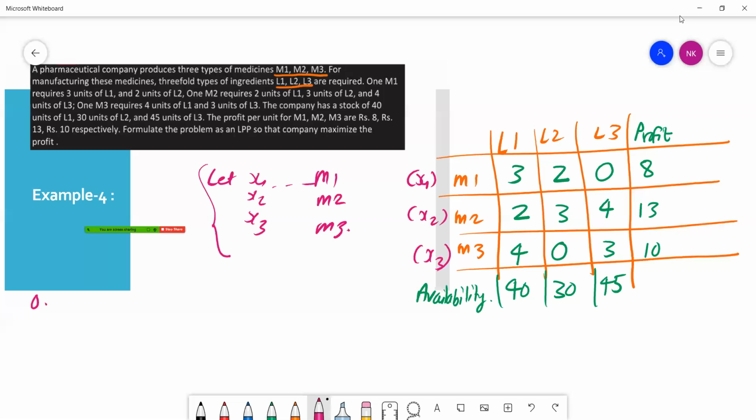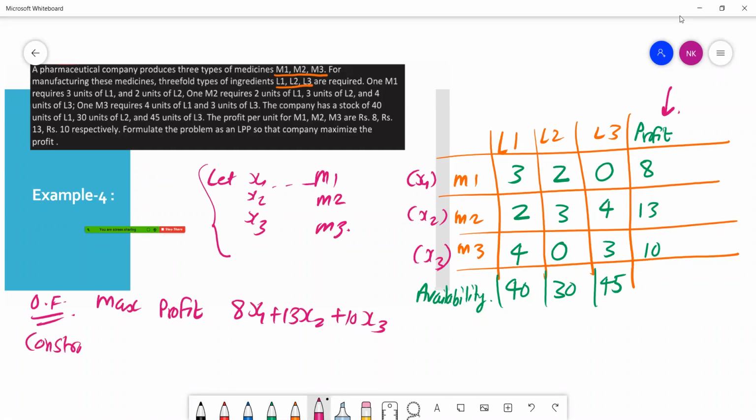If I write the objective function, it's to maximize the profit. The profit is this column, so it will be 8x1 plus 13x2 plus 10x3.